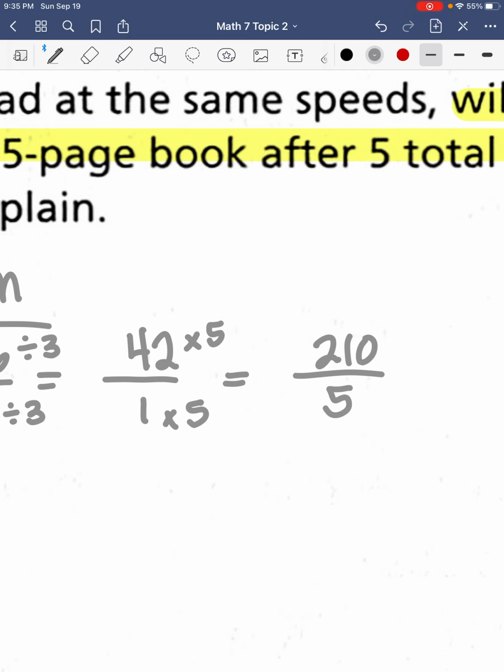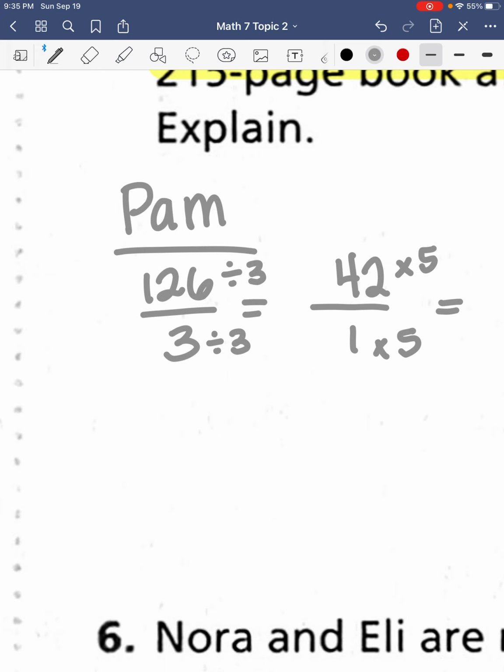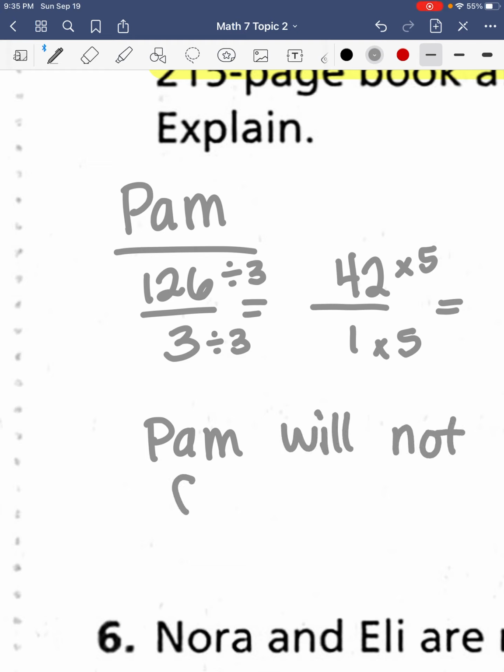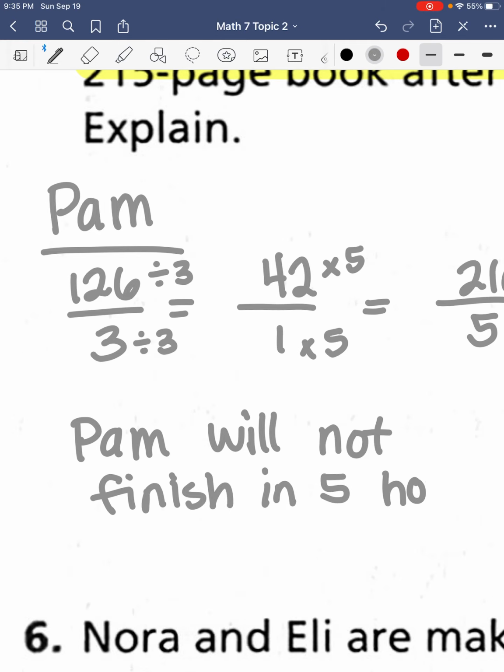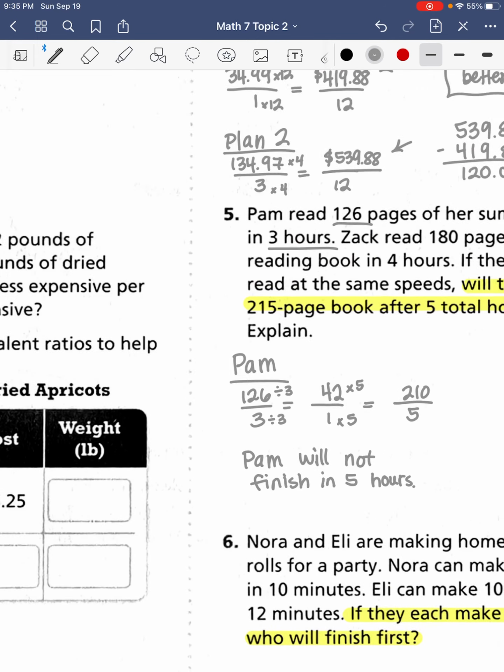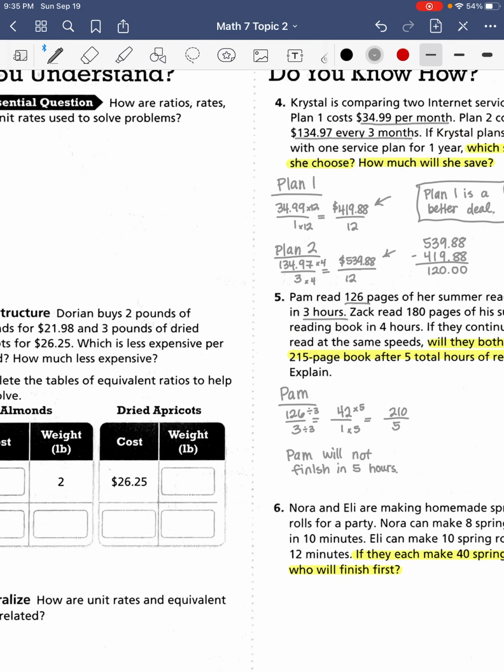So will Pam finish in 5 hours? No. So let's go ahead and write that. Pam will not finish in 5 hours. She'll get really, really close, but she won't quite finish.